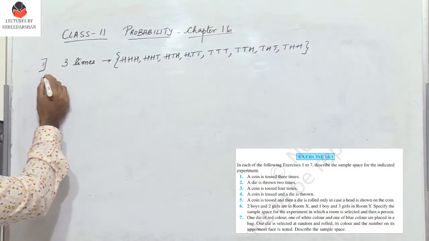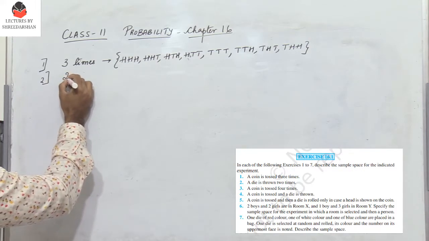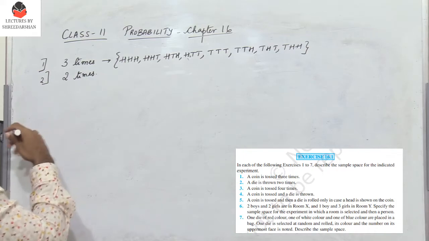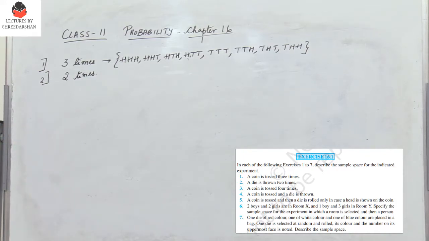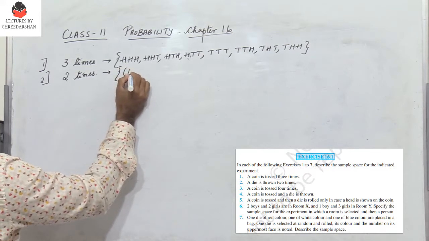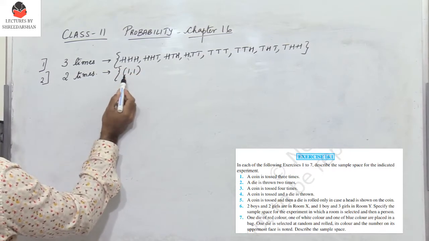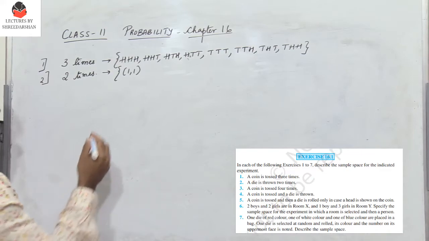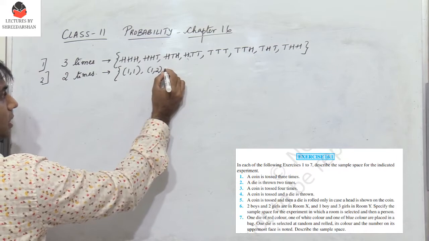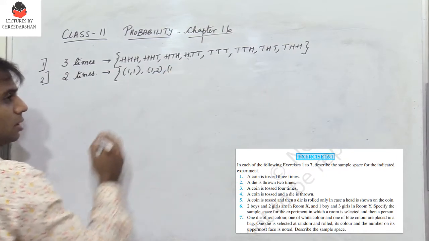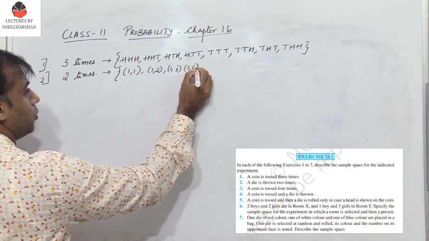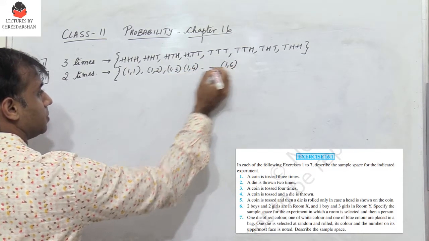The second one: a die is thrown 2 times. What is its sample space? When a die is thrown 2 times, I can get 1, 1. The first time I get a 1, the second time I get 1. Or if I get 1 the first time, I can get 2 the second time. Or 1 being common, the first time I can get 1, 3, next 1, 4, and so on up to 1, 6.